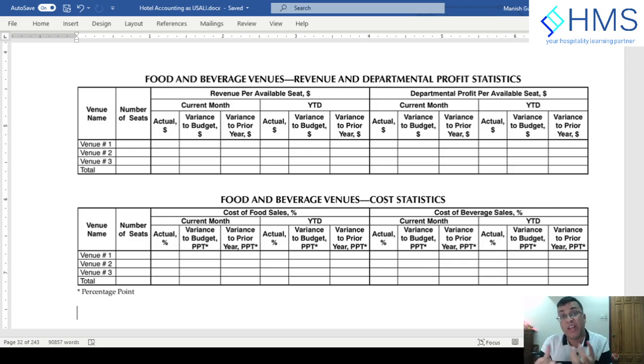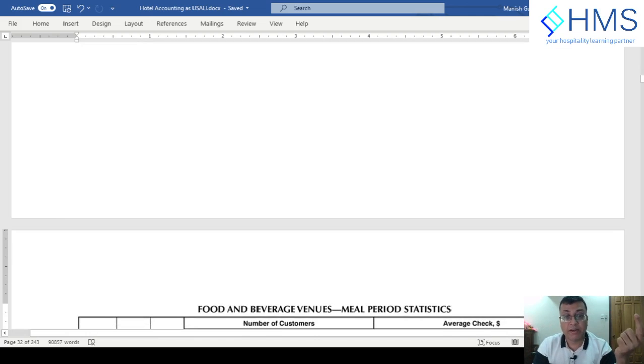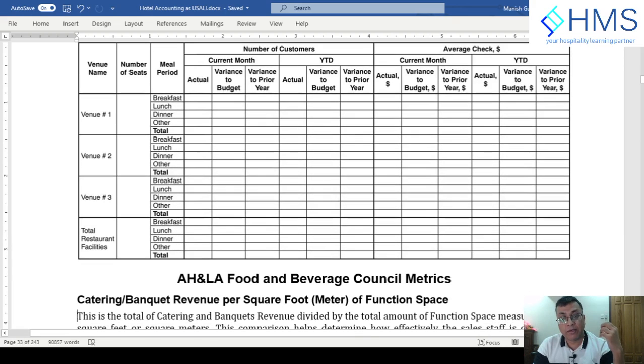Sometimes you may be sharing resources, sometimes you share people, sometimes you share food, sometimes you share beverages. So the hotel needs to transfer the cost from one venue to another venue in order to generate this particular table correctly, right?